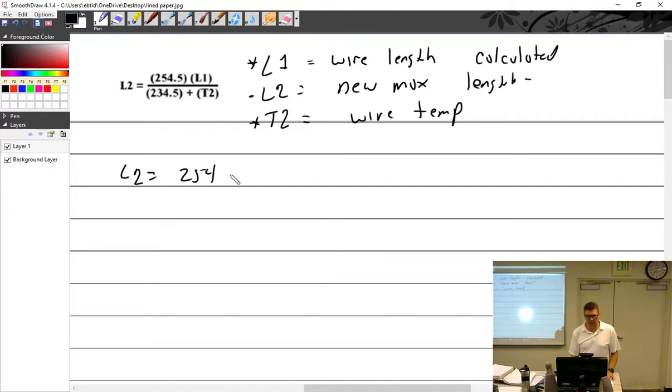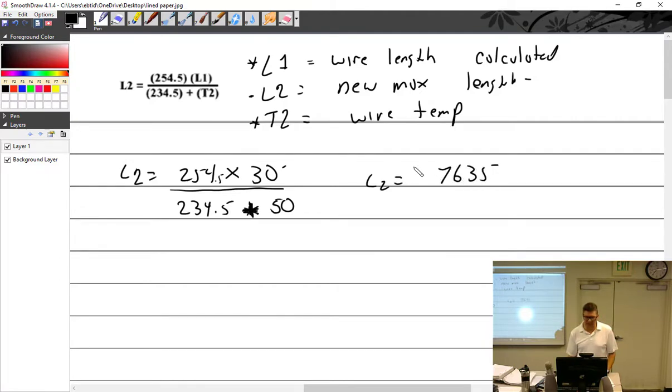So, all right, L2 equals 254 times the wire length calculated, which was 30 feet in our example, divided by 234, oops, I didn't put the 0.5, times T2 plus wire temp 50. So we should end up with 19.85, times that, divided by 284.5.